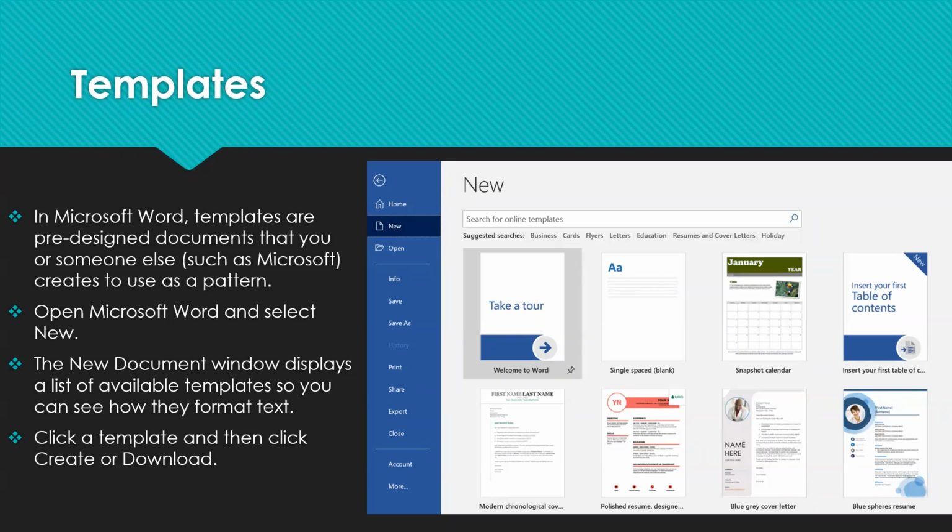Microsoft Word gives you a predefined format that you can use, so that you can just change some part of the document or fill up some details. You can use those pre-built templates to make your resumes easily, or you can write letters easily. So we'll see how to choose a template.